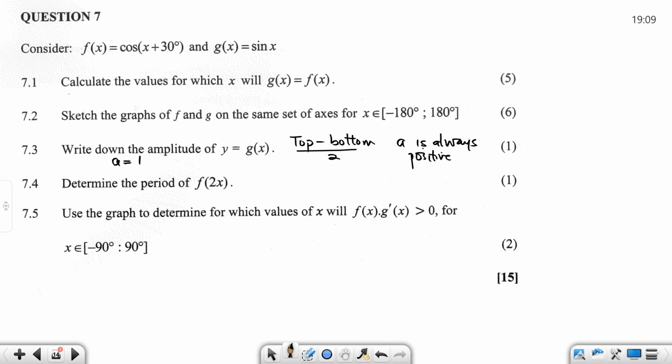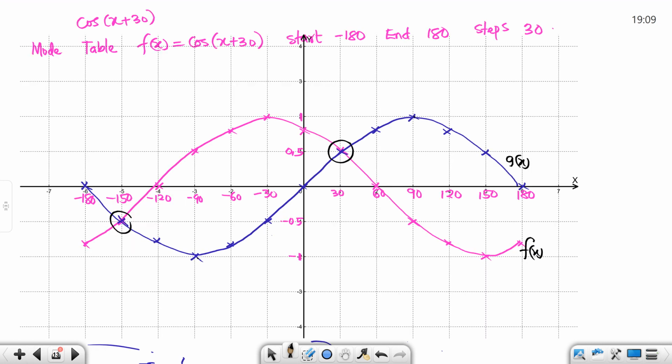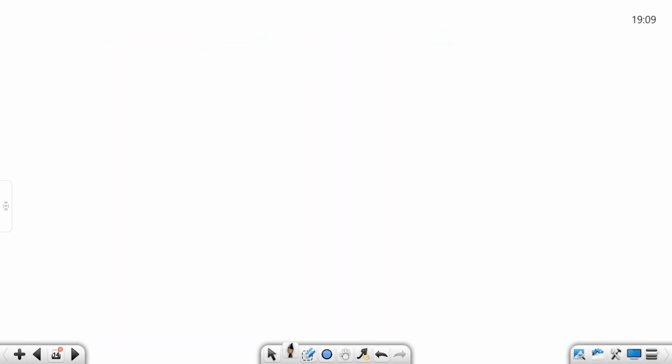What is the period of f of 2x? Can I quickly also summarize periods for you? How do we work around periods? All right, please look at this. When we talk about periods, for sine theta and cos theta, the period is always 360. So we said the period of our graph is 360 over k.